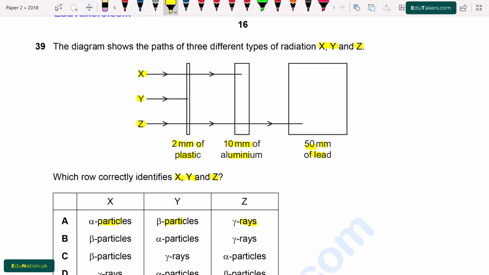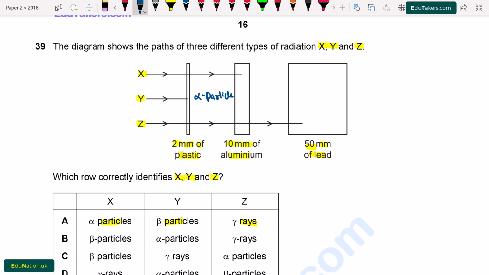So first of all, here is Y, that is stopped by the 2 mm of plastic sheet. So this is basically an alpha particle because the penetration power of the alpha particle is very small as compared to beta and gamma rays. So Y is basically an alpha particle.